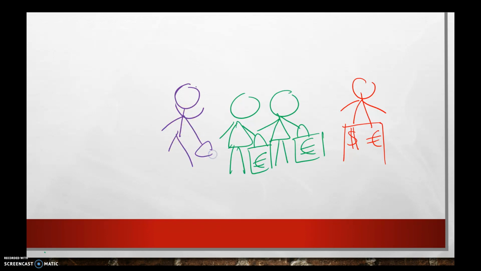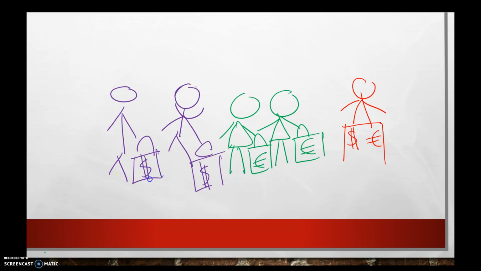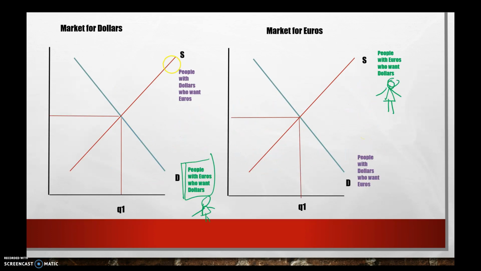Oh well. Now these two men are carrying briefcases with dollars in them. So they're doing the opposite. The women went with euros, sold euros, bought dollars. They're selling dollars and buying euros. So let's see who they are.